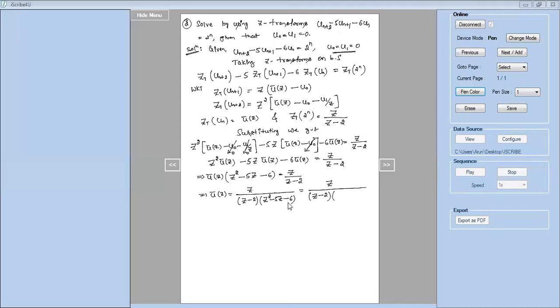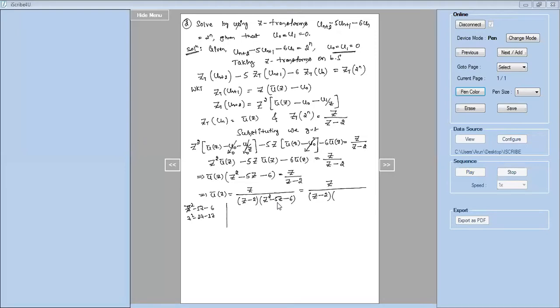Oh, here minus of minus plus will come. The sign is missing.